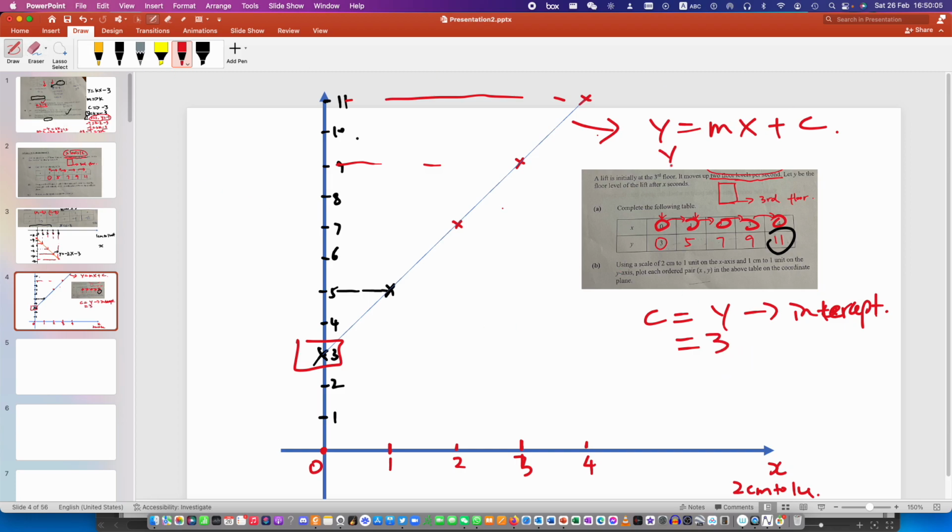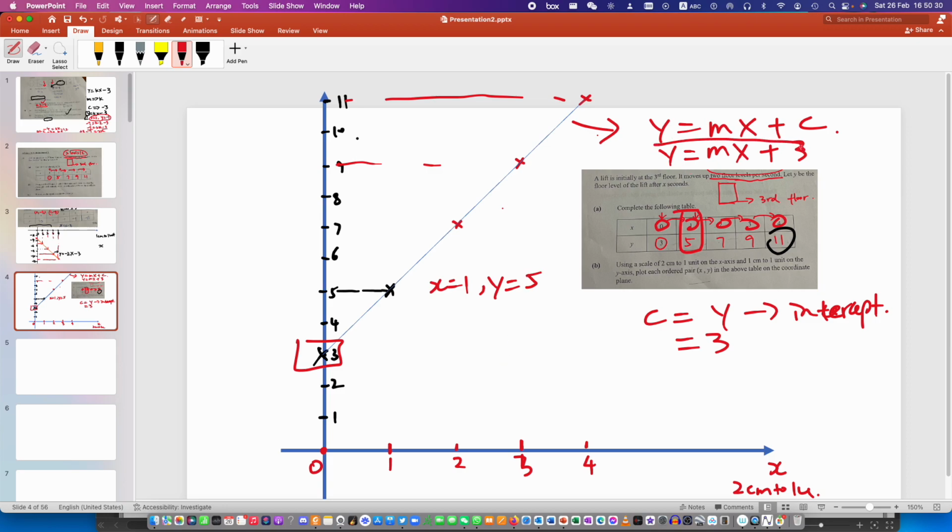So you replace. How do you find m? How do you find m? You pick one pair. So I'm picking x equals to 1, y equals to 5.